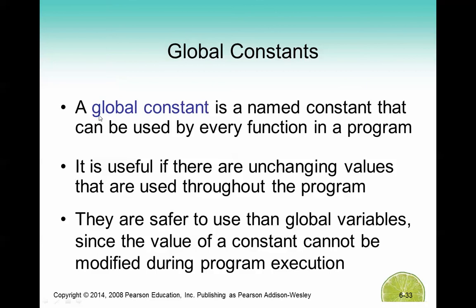A global constant is the same concept as the global variable. We define it outside all functions. The only thing that is going to be different is that we're going to add the keyword const for constant. So we put const, then the data type, the name, and then the value.